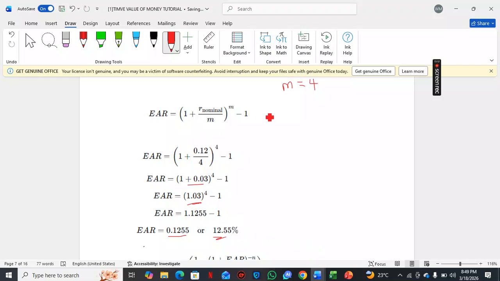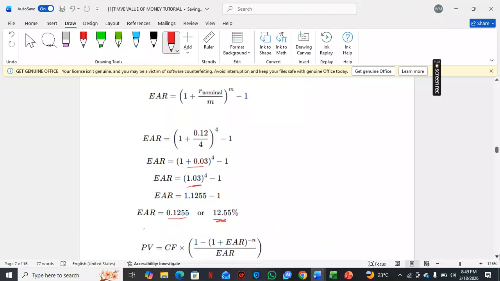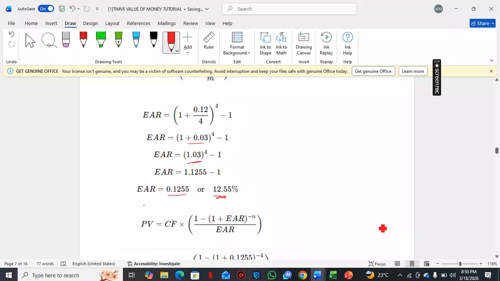So what we've seen, when it was discounted semi-annually, we got 10.25%. Now when it's discounted quarterly, it's become 12.55%. So when you increase the number of compoundings, your effective annual interest rate is also going to increase.